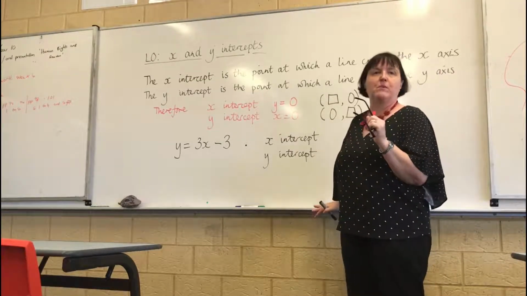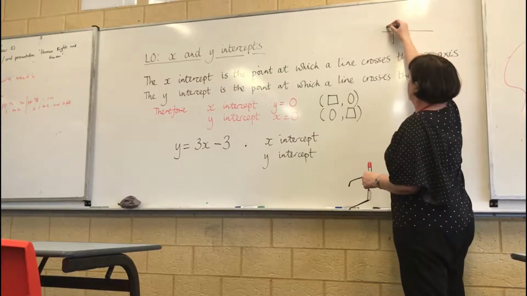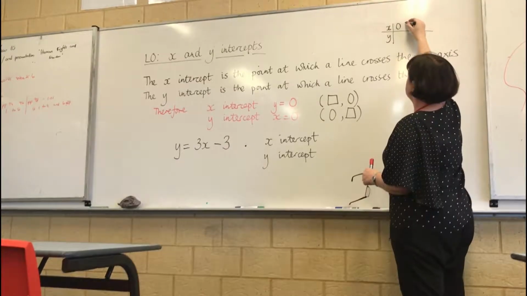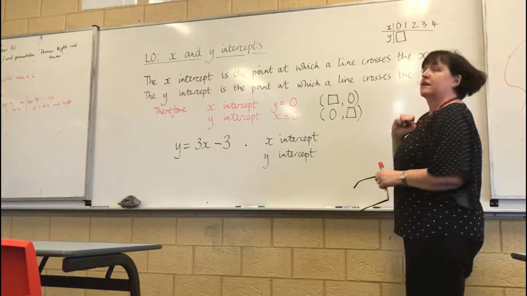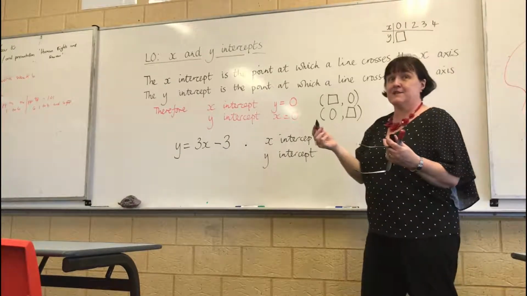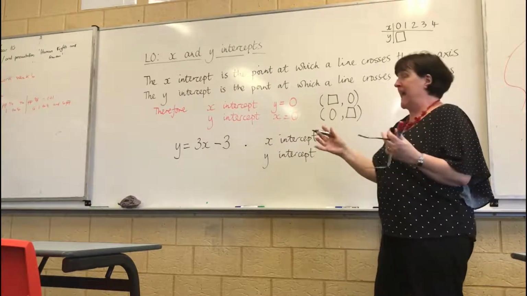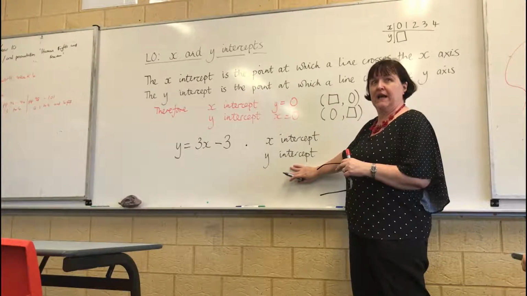If you remember when we looked at our table of values, and we had our x and y values there, that was 0, 1, 2, 3, 4. This number here relates to our function, doesn't it? And so we can actually find the y-intercept pretty quickly.